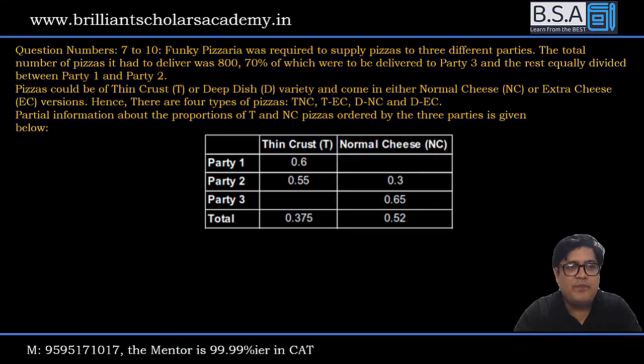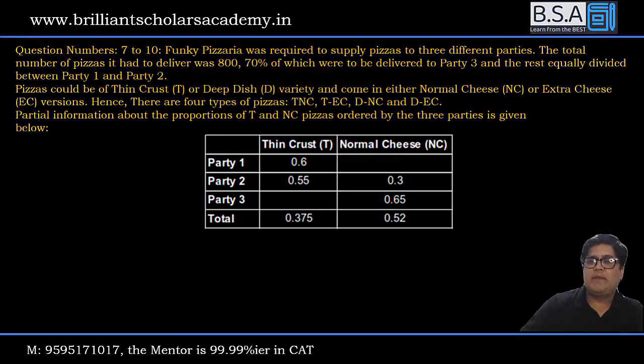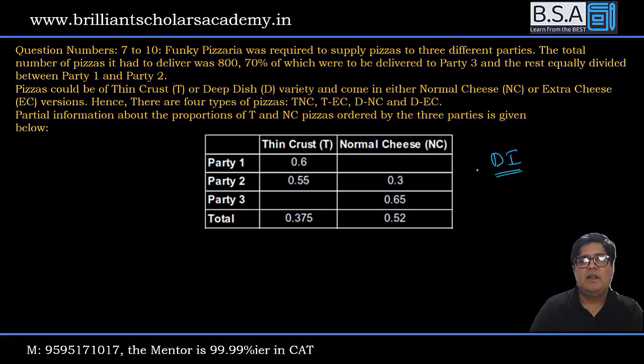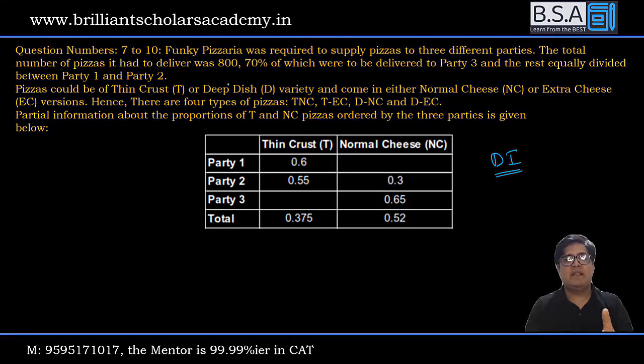Listen to this. This is the set from 2021. If I'm not mistaken, I think third slot. Or 2020, third slot. This is pure DI, pure data interpretation. You have been given some number of pizzas, then 70% go to party 3.